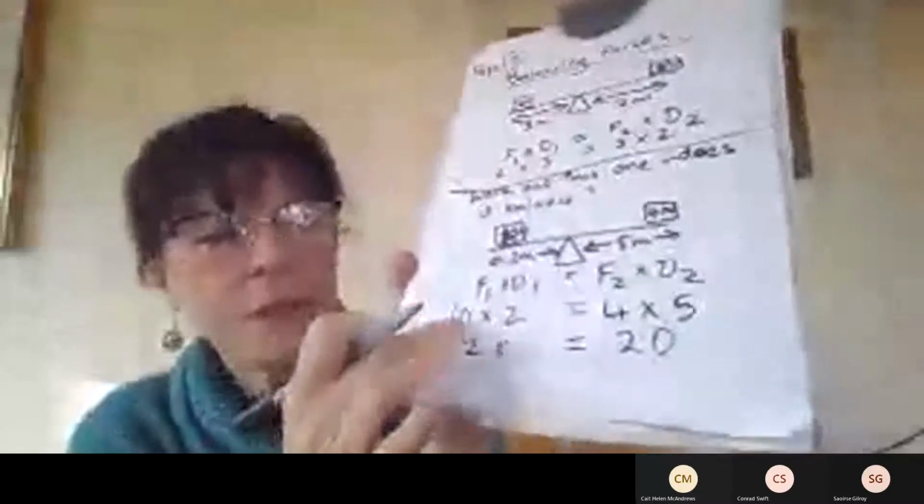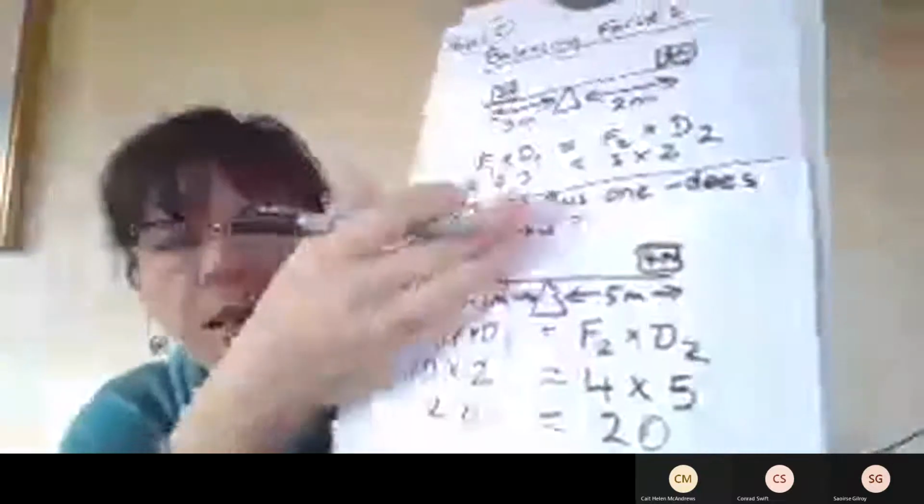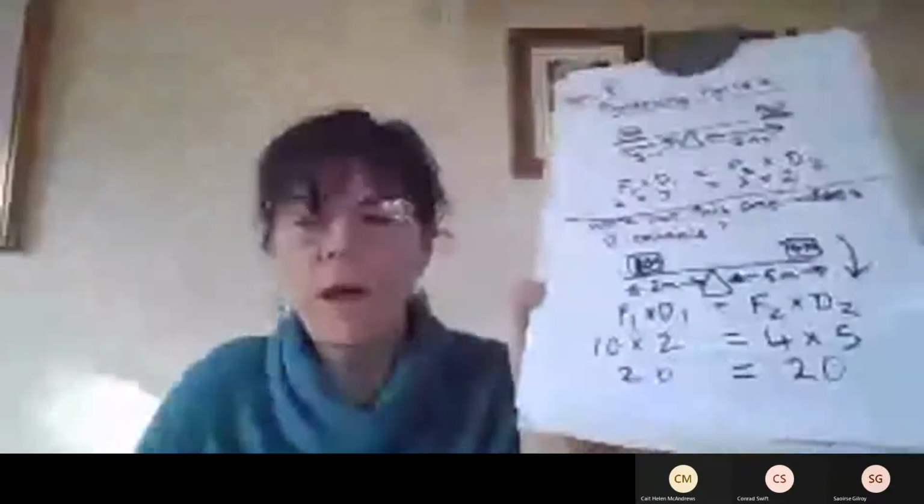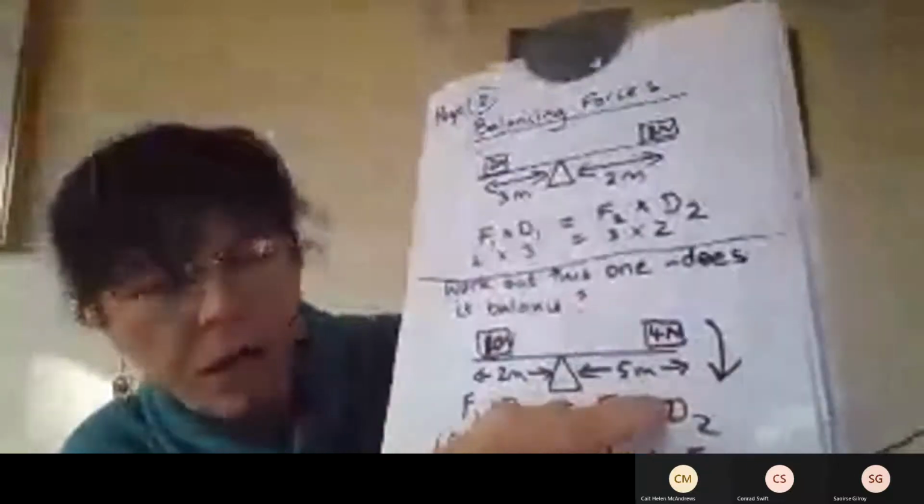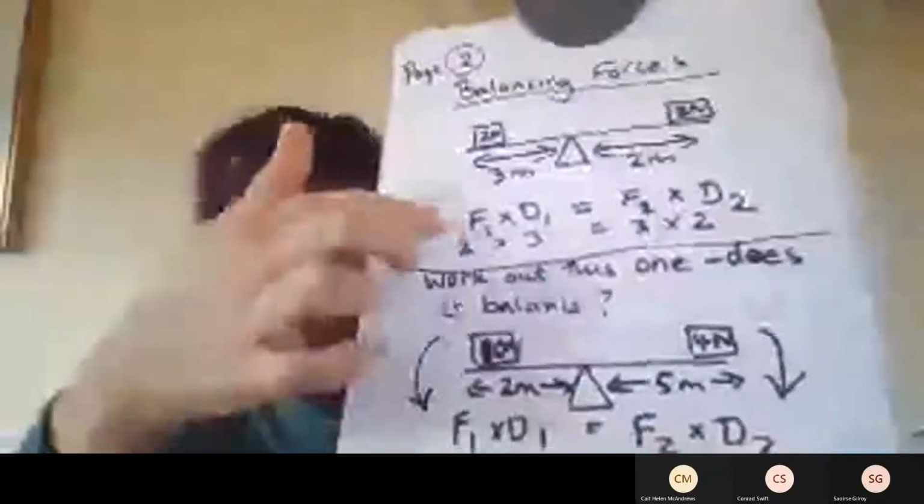And then we're going to write is balanced because the turning force on this side is 20 and the turning force on this side is 20. Now, on this side, if it was turning, we'd have drawn an arrow. That newton would be pulling down on this side and trying to turn it that way, clockwise. This would be pulling down on this side and trying to turn it that way, anti-clockwise.